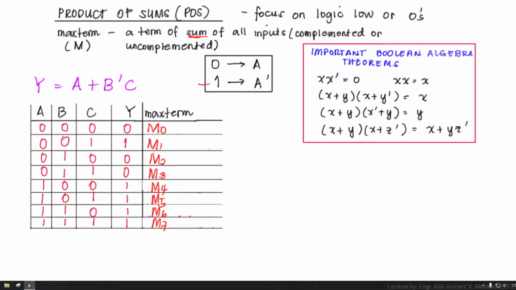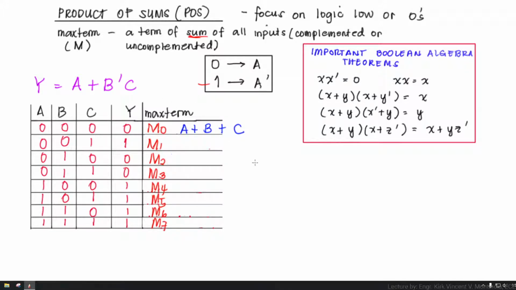Let's try to express the max term. ABC is 0, 0, 0. When it is 0, it is uncomplemented. So you write this as A plus B plus C.